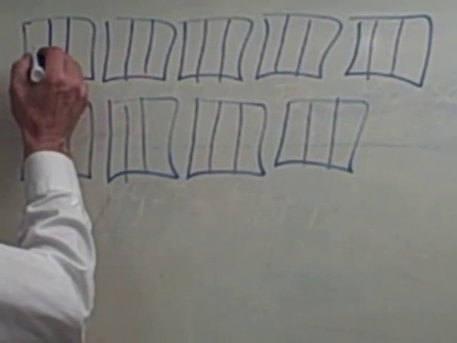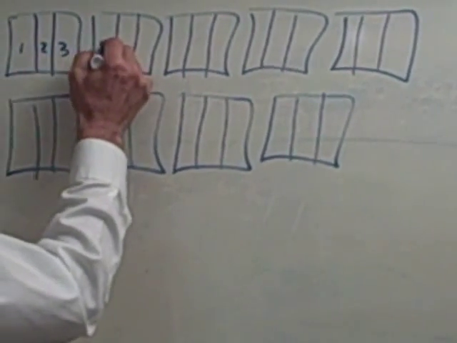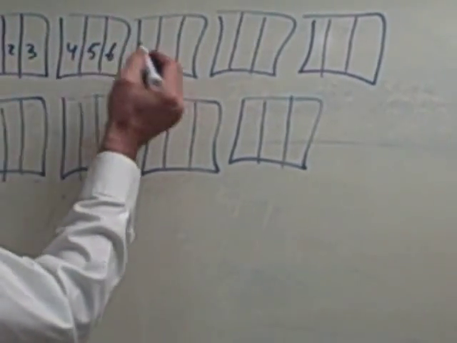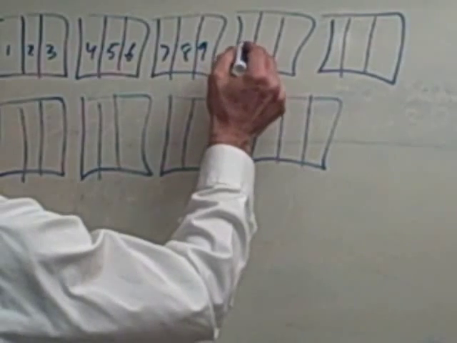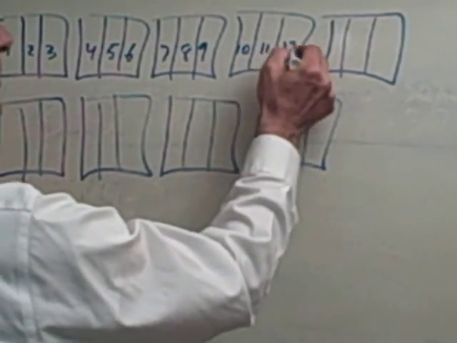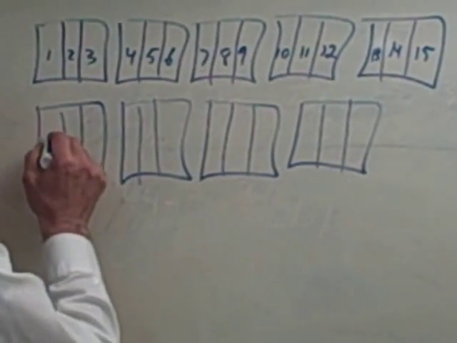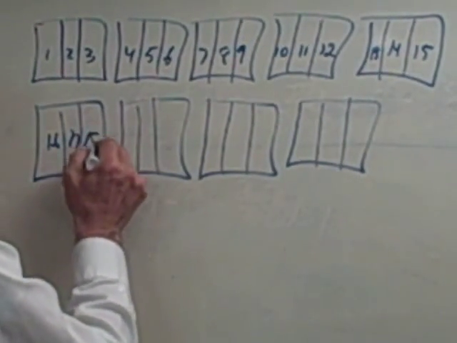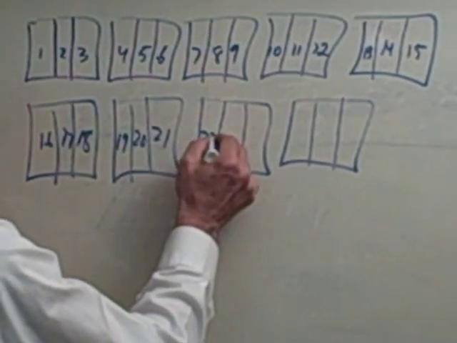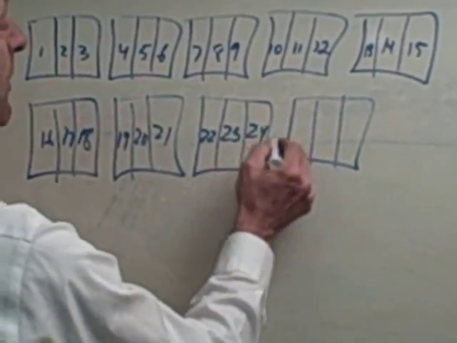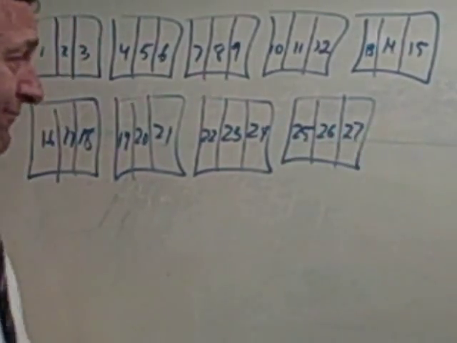Then I could use this 1/3 of a package to make my first pizza, this one for my second, third, fourth, 5th, 6 pizzas with 2 packages, 7, 8, 9 pizzas, 10, 11, 12, 13, 14, 15, 16, 17, 18 pizzas, 19, 20, 21, 22, 23, 24, 25, 26, 27.